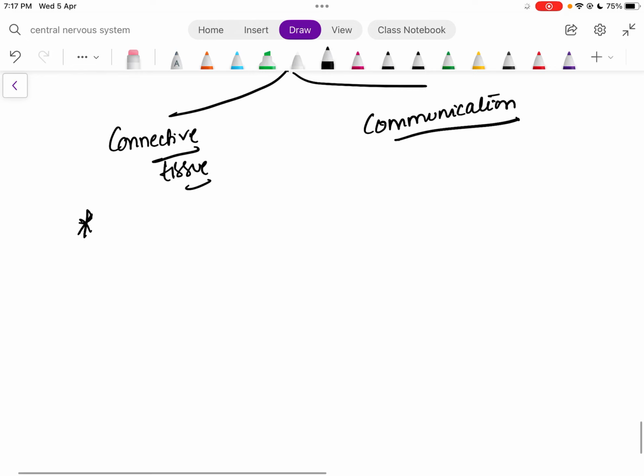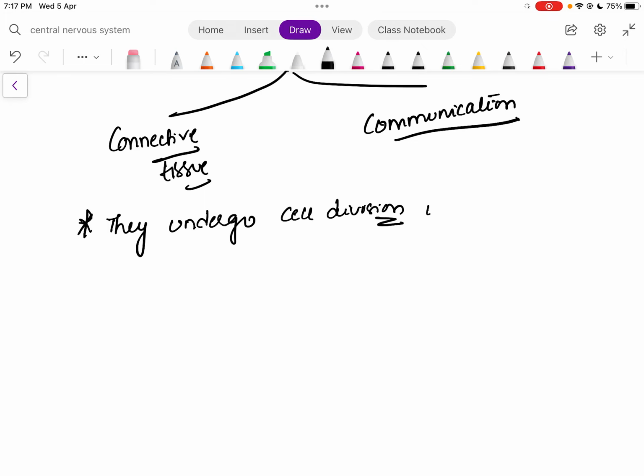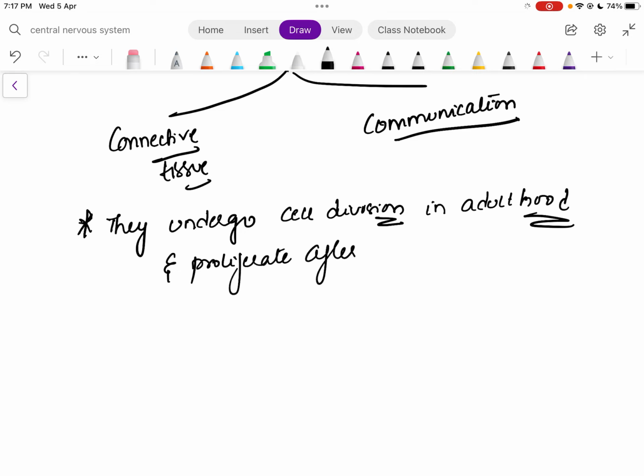What is the speciality of these glial cells? They undergo cell division in adulthood also, and they can proliferate after brain injury.